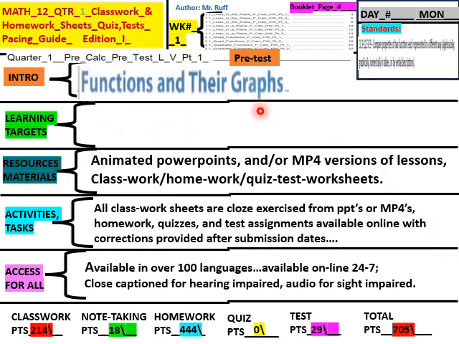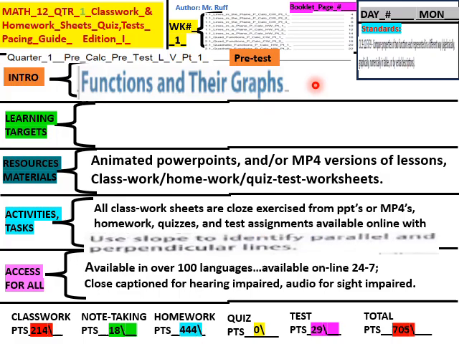So we get into quadratics, and we're going to also get into functions and their graphs. You can tell by their graphs what they are.